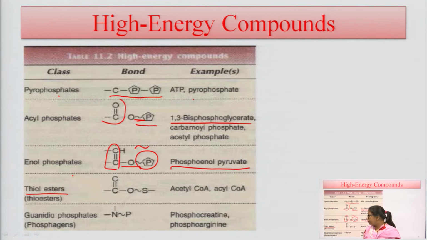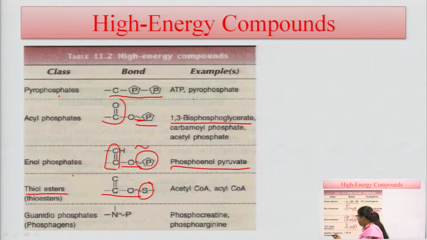Thioesters have a sulfur bond, and are responsible for high energy generation, with more than 7 calories per mole of energy.